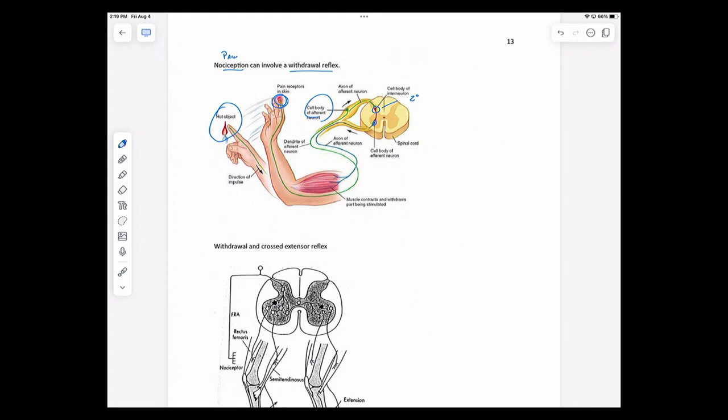In particular, it's going to talk to the neuron that is responsible for the muscle to contract to pull your hand away. Okay, now this is an oversimplified drawing because, as we saw in the patellar reflex and the deep tendon reflex, you're going to have some circuitry going in and inhibiting the antagonistic muscle, but that's not what's in this diagram, and that's really not the point.